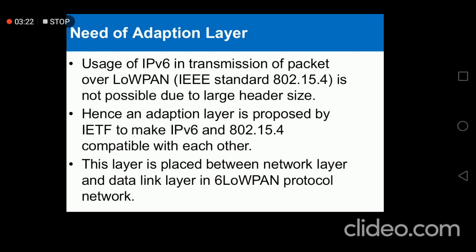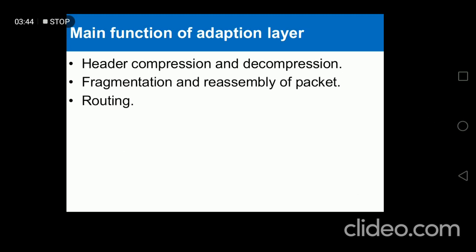IETF is the Internet Engineering Task Force workgroup. This workgroup plays a significant role in making IPv6 compatible with the IEEE 802.15.4 standard. This layer is placed between the network layer and data link layer in the 6LoWPAN protocol network. The main functions of the adaptation layer are header compression and decompression, fragmentation and reassembly of packets, and routing.